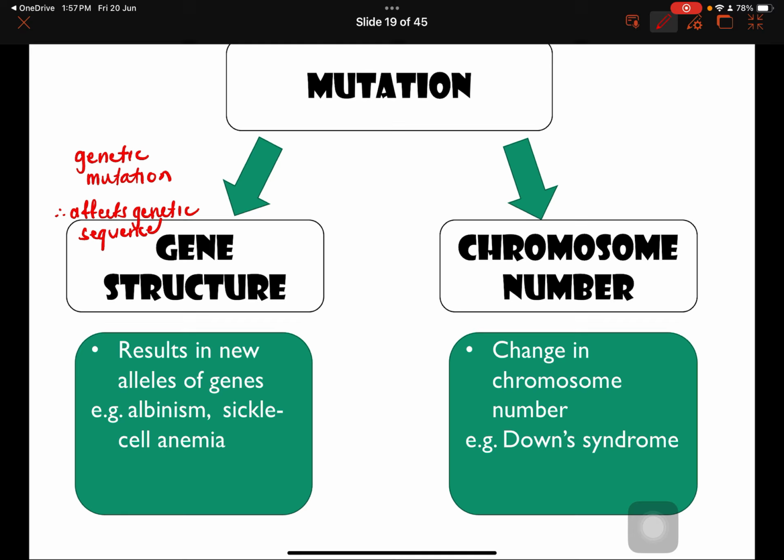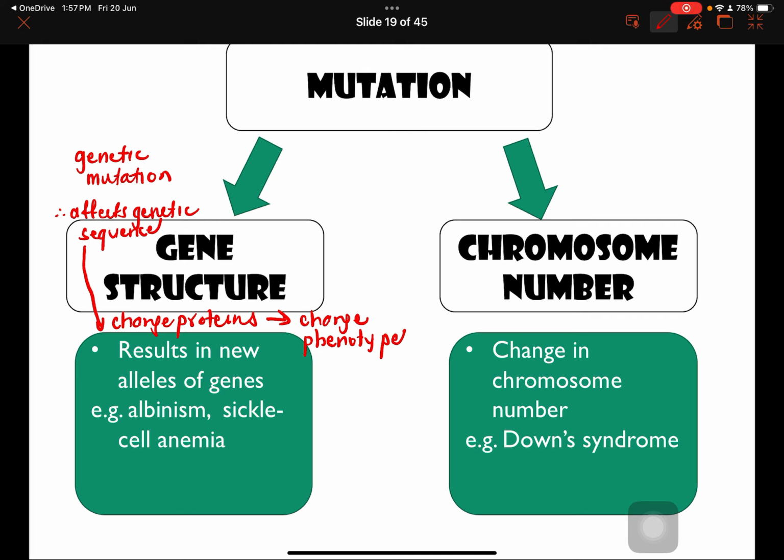And when there's a change in your genetic sequence, it will change the protein structure in your body, and that will change your phenotype, the visible characteristics on the outside.